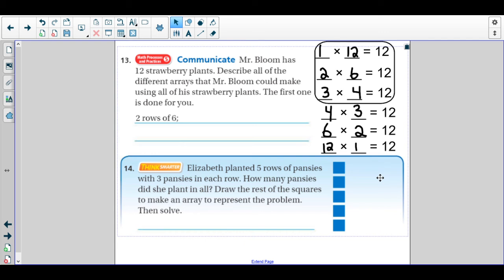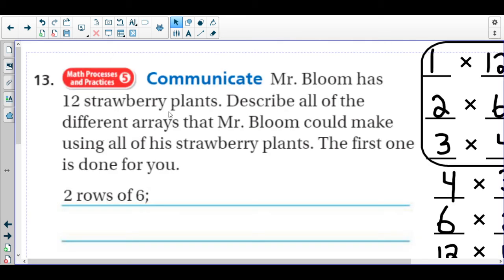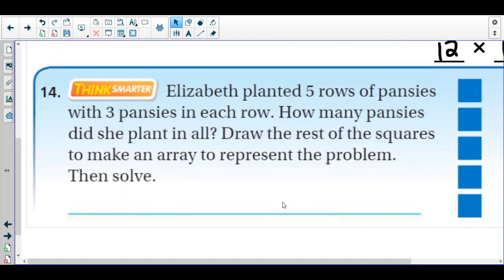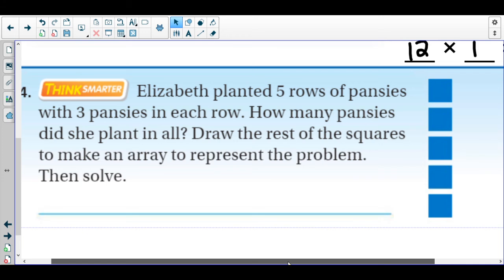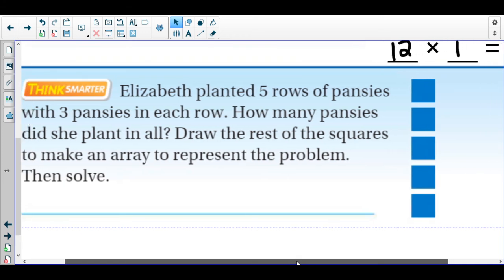All right, Elizabeth planted 5 rows of pansies with 3 pansies in each row. How many pansies did she plant in all? Draw the rest of the squares to make an array to represent the problem, then solve. So we have 5 rows. Let's get zoomed in here. 5 rows and 3 pansies are in each row.